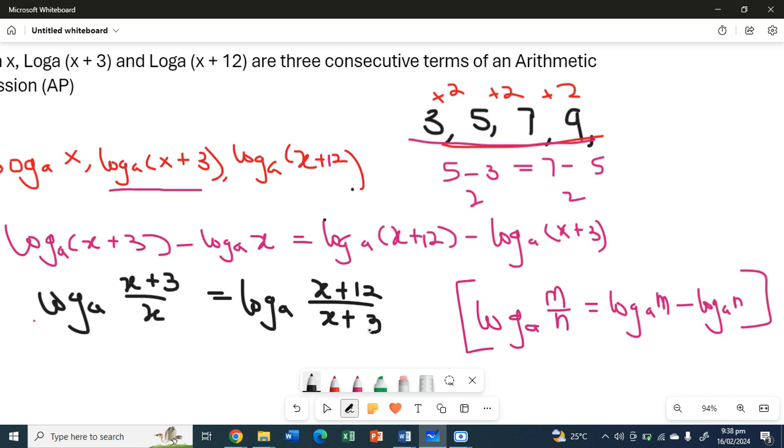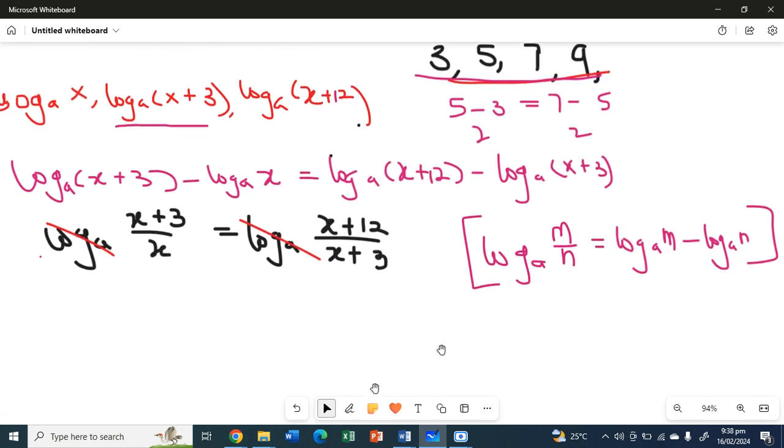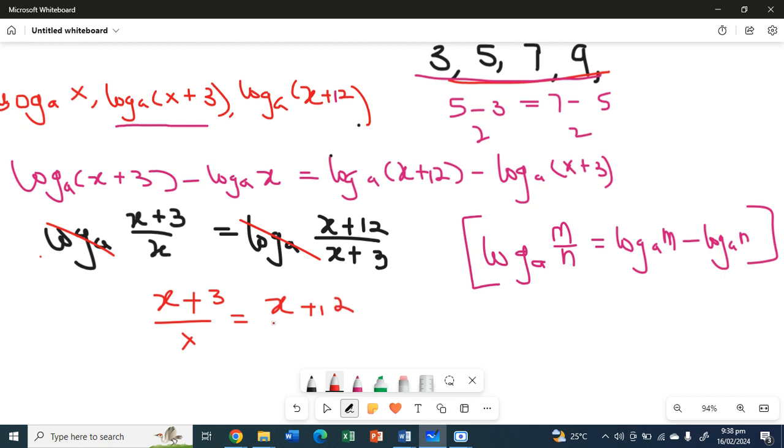Okay, so the next thing that we need to do, since we have a log a on this side and a log a this side, we can cancel them out so that we remain with (x+3) over x equals (x+12) over (x+3). So now we can be able to solve for x.